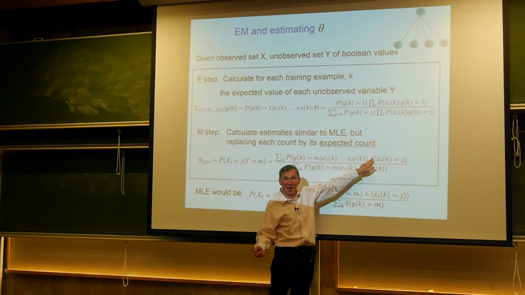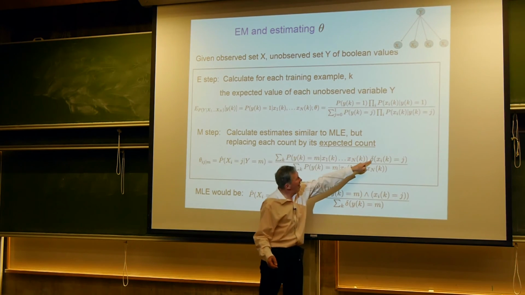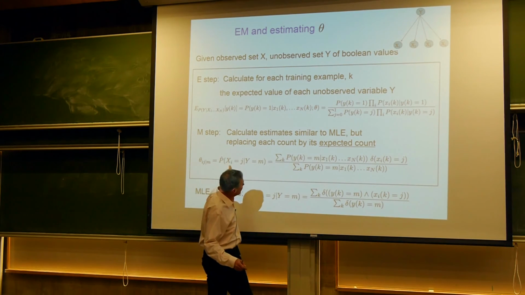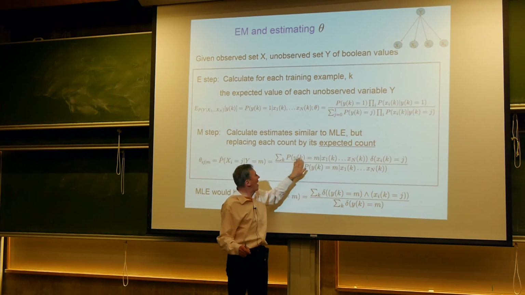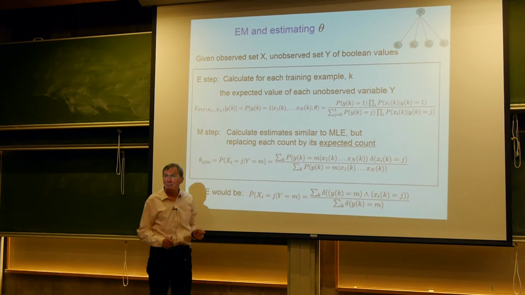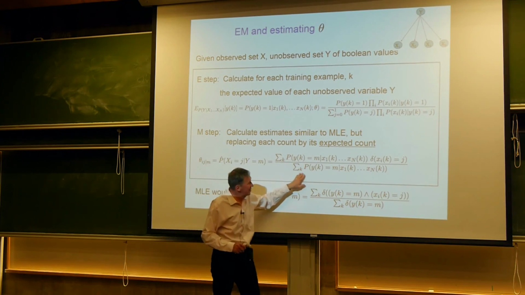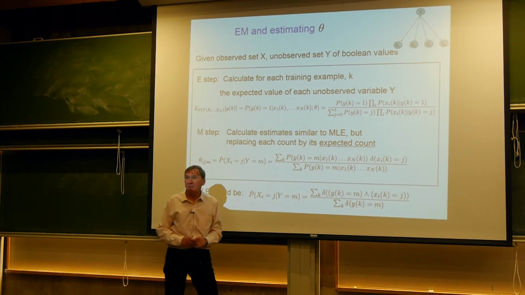Remember, this is our indicator 0, 1 function. So in other words, the numerator is all the cases where x i has the right value, and the expectation that y has value m. And then the denominator, again, is just the total mass associated with the probability of y having m.